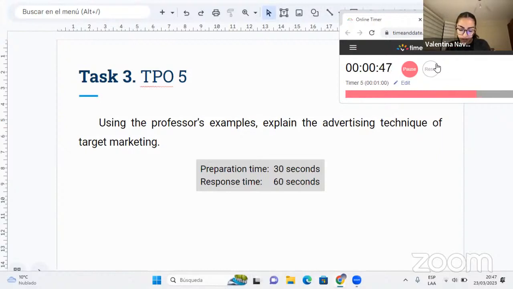In the lecture, the professor gives the example of cell phones, like when they want to sell cell phones to a younger audience, they have to show how fun the cell phone is, but otherwise, when they want to sell the cell phone to businessmen, they have to show how efficient it is and how the cell phone handles business. And in summary, this is a glaring example of what target marketing is.